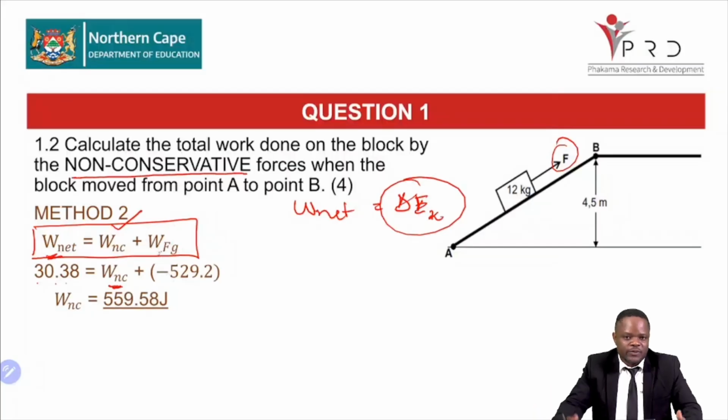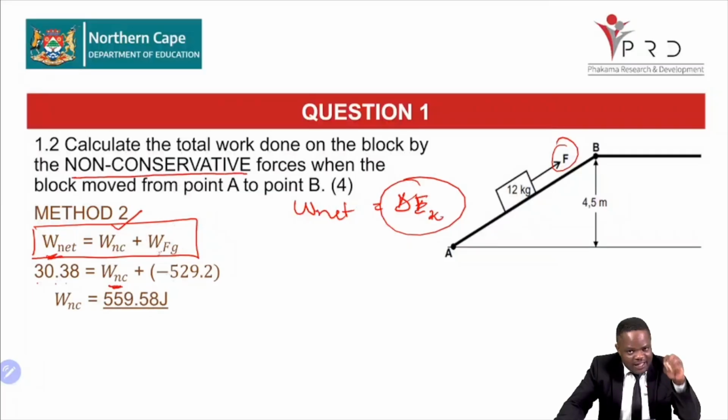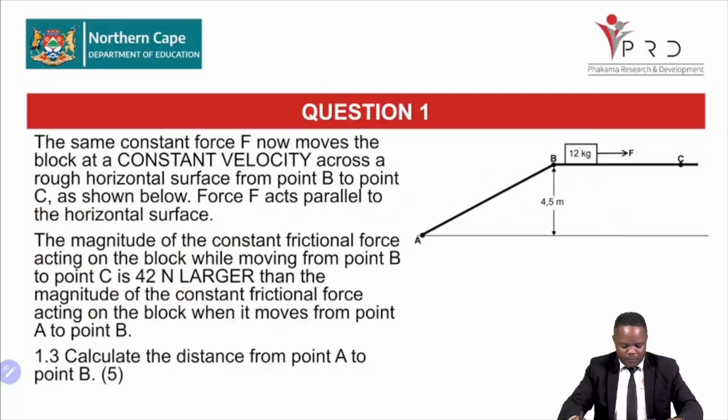Method 2, you can say that your work net is equivalent to your change in kinetic energy, okay, which is equivalent to the work done by the weight plus the work done by the non-conservative forces, right? I hope you are following these calculations, and then you get your 4 marks.